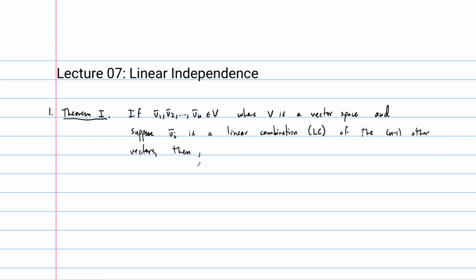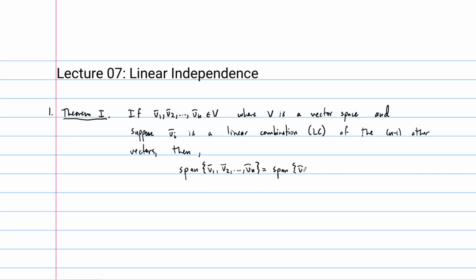So then here's the deal. The way I've written this is a little crazy, but the span of the whole group of them, so v1, v2 through vn, is equal to the span of the ones with this one removed.